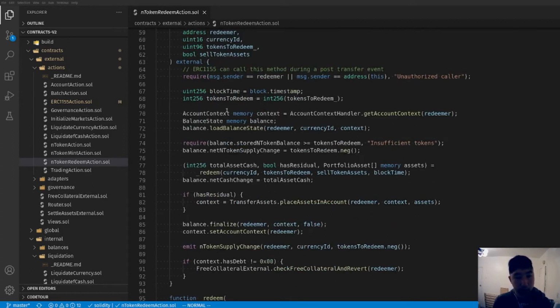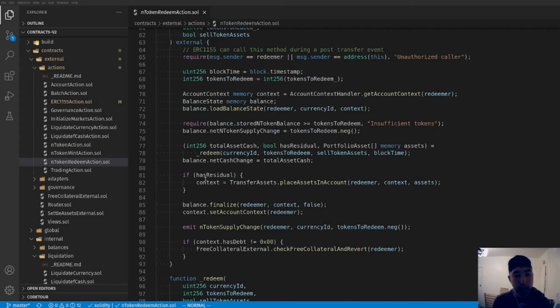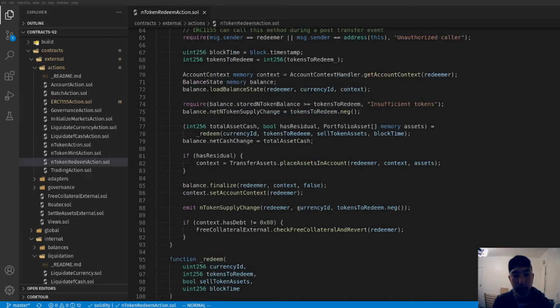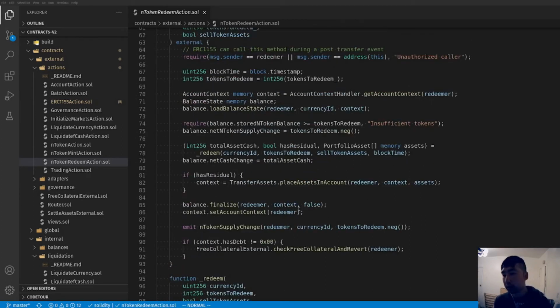The key thing to note about redeeming nTokens is that if there are these Fcash residuals as a result of providing liquidity, the account has two options. One is to receive that Fcash into their portfolio, or the other option is to sell those net Fcash positions off back into the Fcash markets.